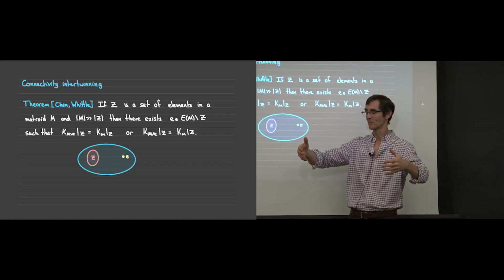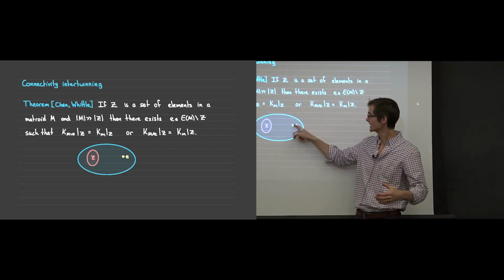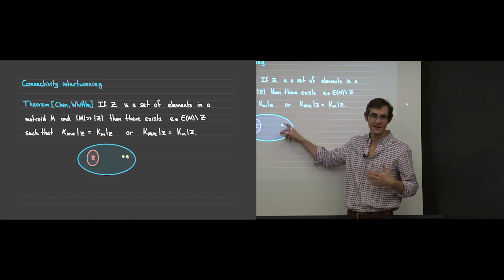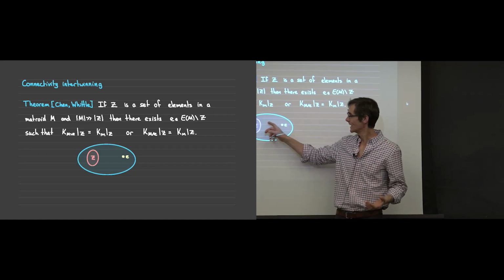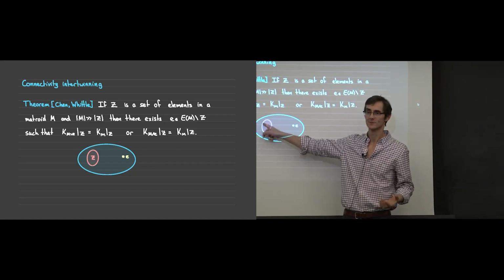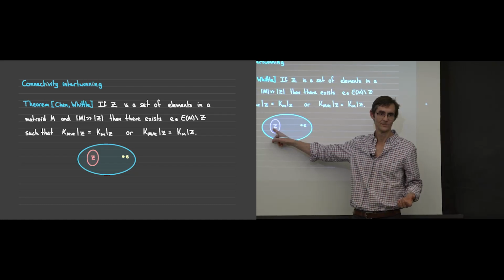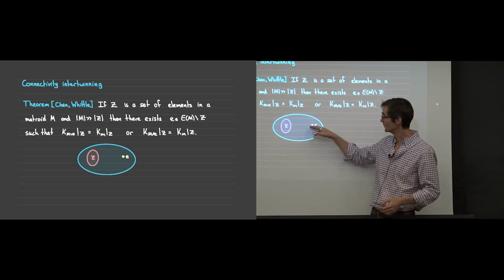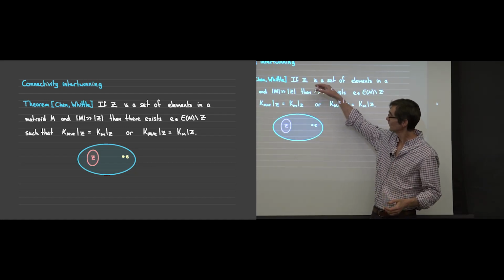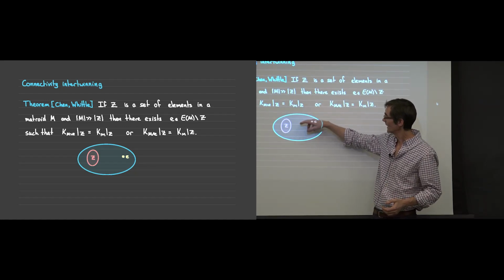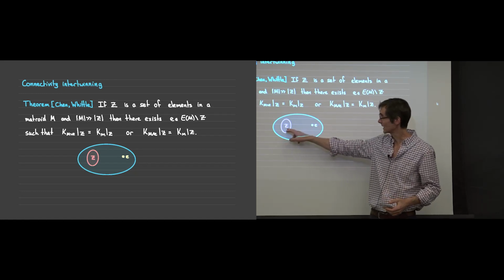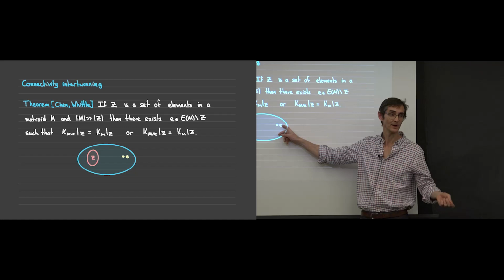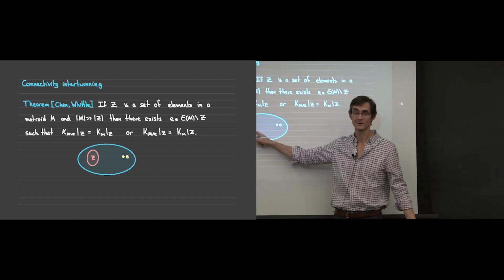I have a matroid. My containment operation is minors. So I want to take an element out here and I'll try to delete it or contract it. But when I delete it or contract it, I may not get the same connectivity system when I restrict to Z. Right, I can open up new separations. But Chen and Whittle's theorem says that if the size of this matroid is much larger than Z, then I will be able to delete it or contract it, keeping the same connectivity system on Z.